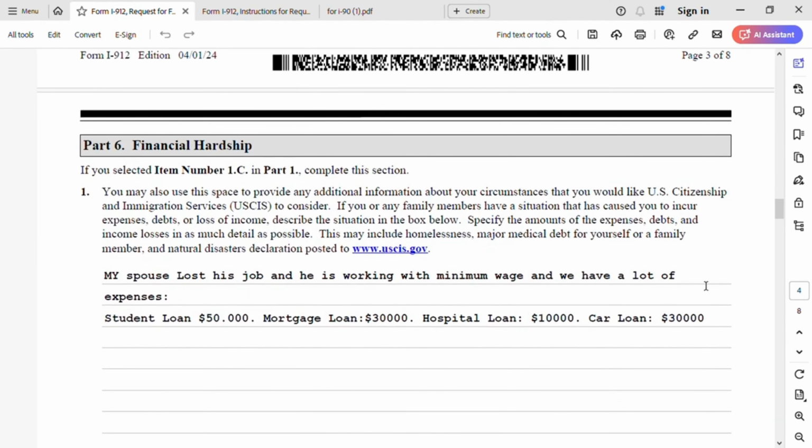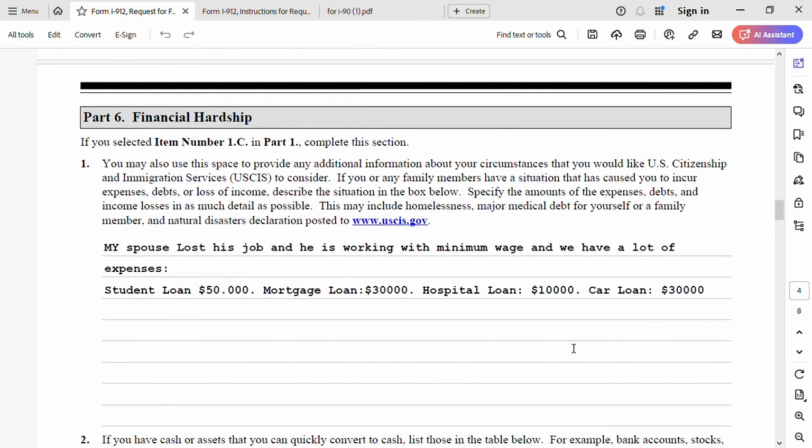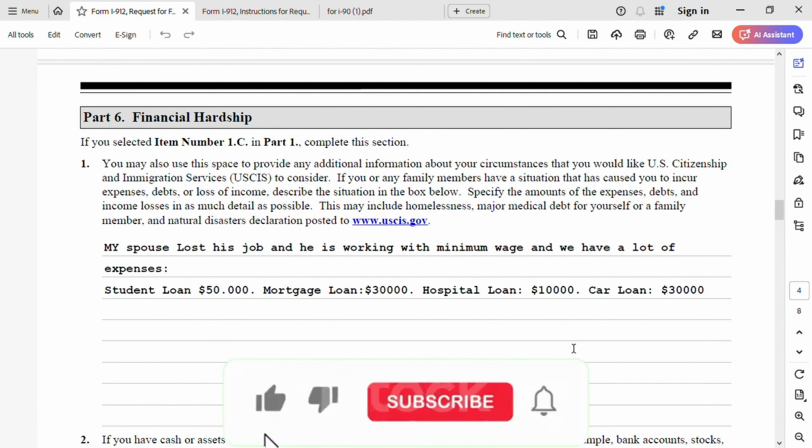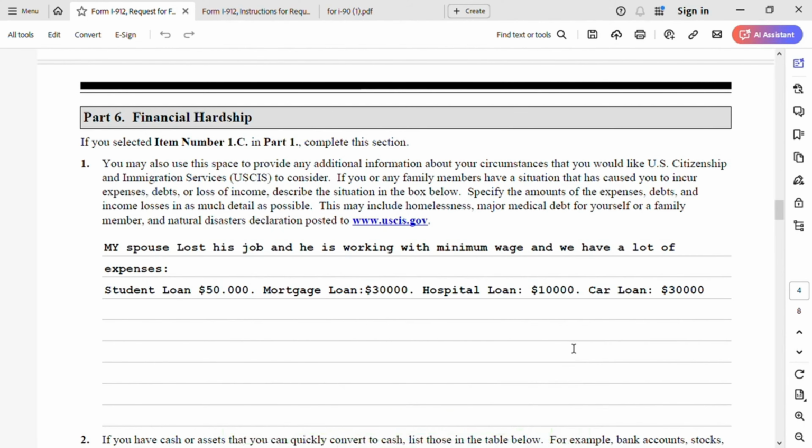Now we're gonna go to part 6. If you selected item number 1C, which is basis 1C in part 1, complete this section. You might also use this space to provide any additional information about your circumstances that you would like USCIS to consider. If you or any family members have a situation that has caused you to incur expenses, debt, or loss of income, describe this situation in the box below.